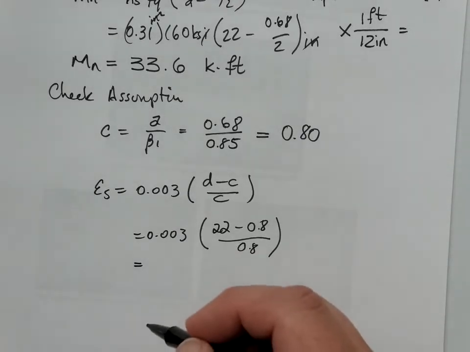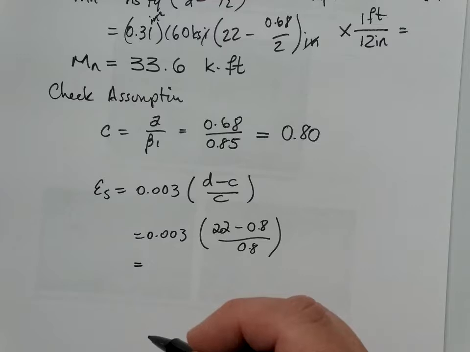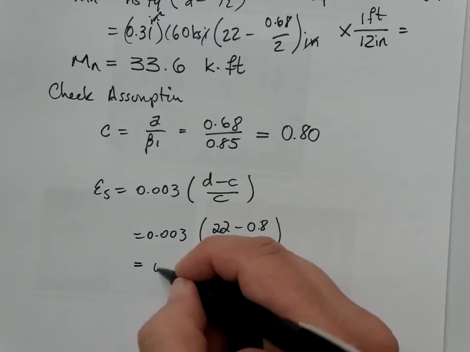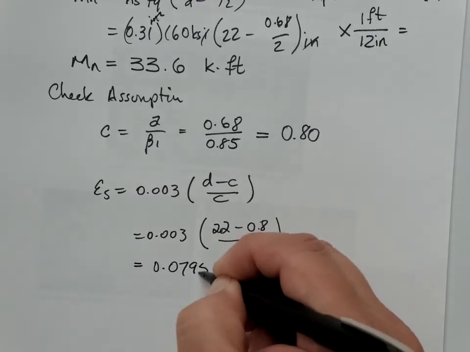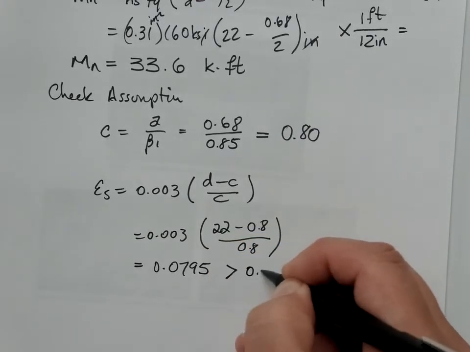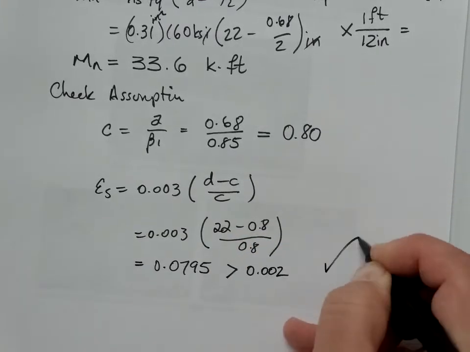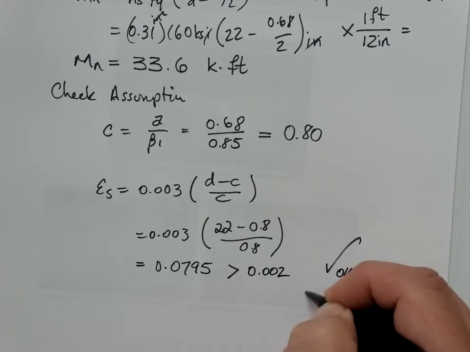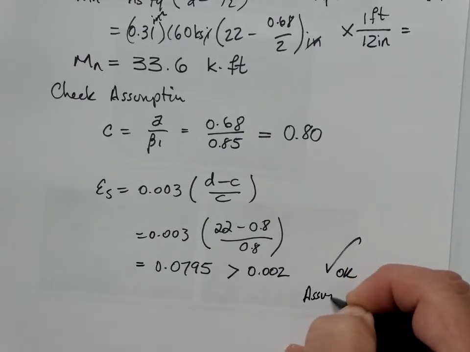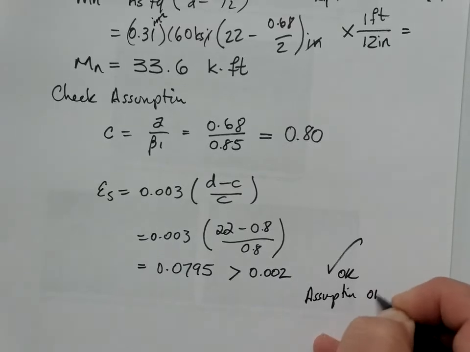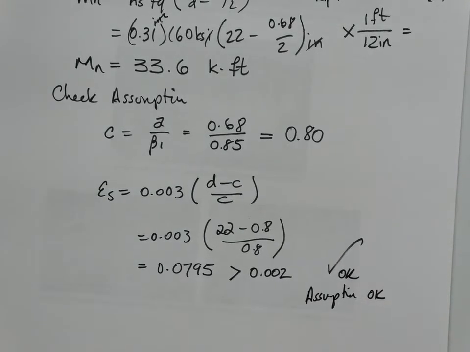Anybody got a number? 0.0795. Yep. 0.0795, which is greater than 0.005. Okay. Assumption correct. Right? That's what that check mark means.